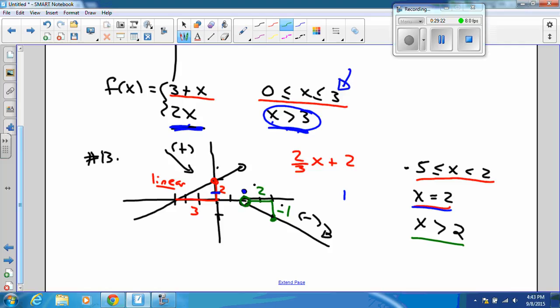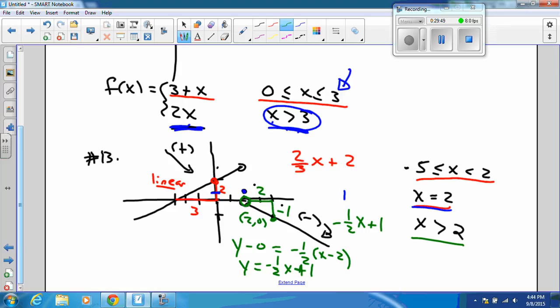The hole as a point is the easiest one. And that's the point (2, 0). So putting this into point slope form, y minus y1 equals slope times x minus x1, we get the equation.